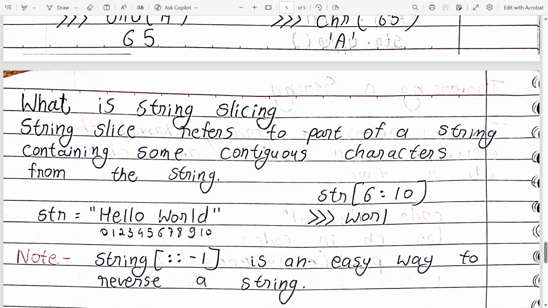For example, here str equals hello world. If you are slicing it from 6 till 10, it will return that part. The last one is skipped, so it will return till 9. So 6, 7, 8, 9 will be returned and it will return WORL.